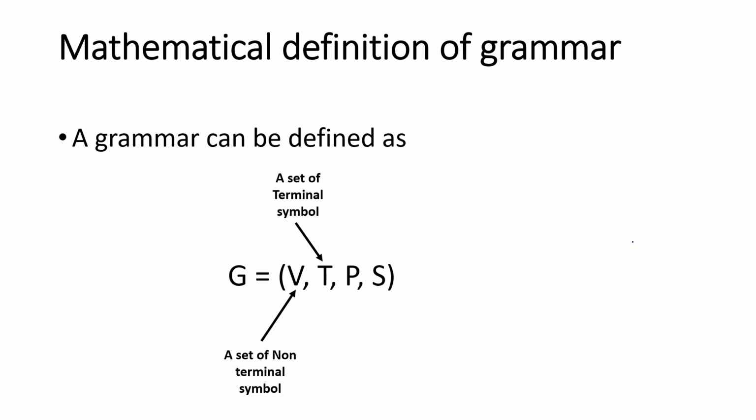So anyway, let's proceed. We have this P also, which is the set of production rules, because without this set of production rules in some order, we cannot derive the sentence or the string. And obviously, I have to start from some particular point. That is what we call the start symbol, just as we have seen in the previous slide. So without any one of these four components, you cannot define a grammar. Because ultimately the purpose of grammar is to generate some language.